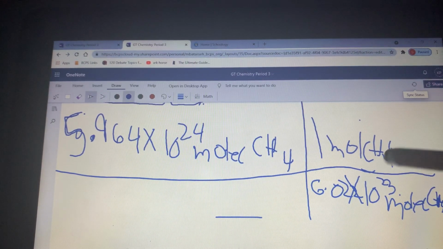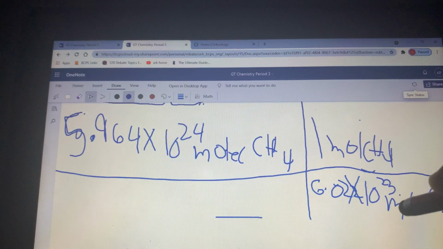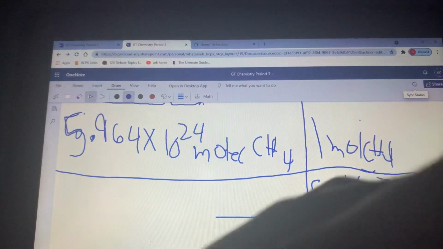When you are multiplying two exponents, you add them if they have the same base, and when you're dividing, you subtract. They have the same base, which is 10. So 10 to the 24th over 10 to the 23rd is just 10 to the 1, because 24 minus 23 is 1. But if you are multiplying them, you just add. So 10 to the 24th times 10 to the 23rd is just 10 to the 47th.